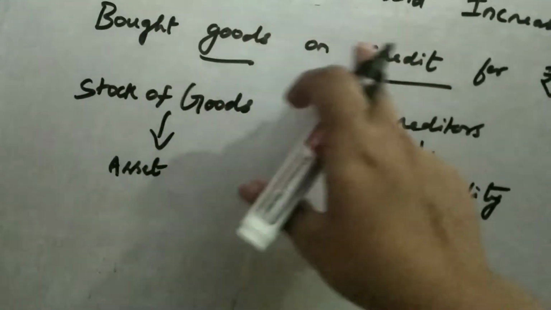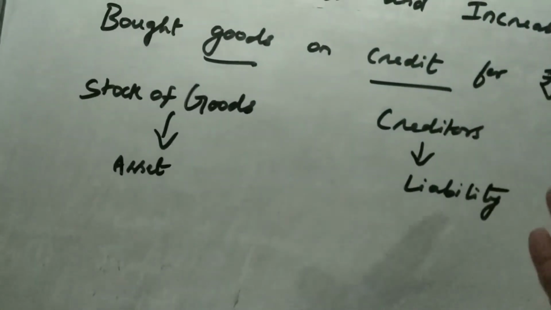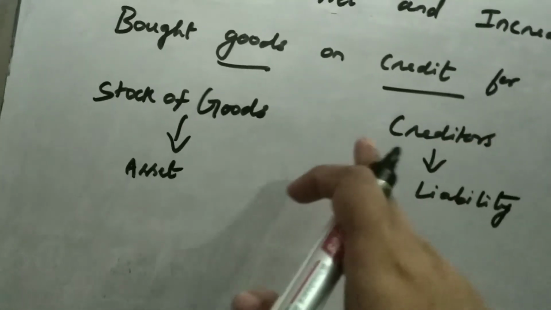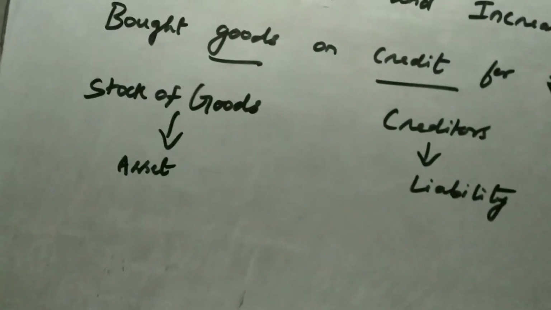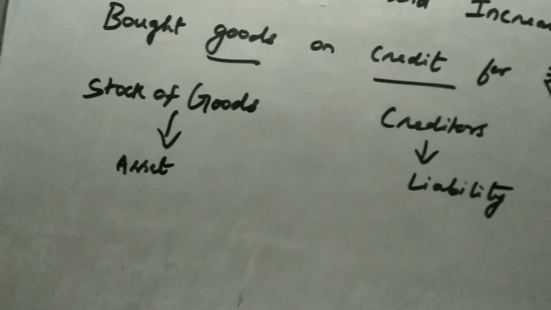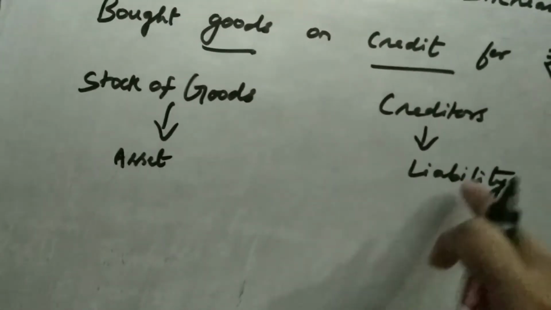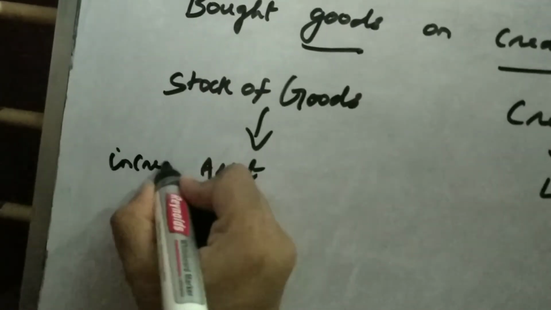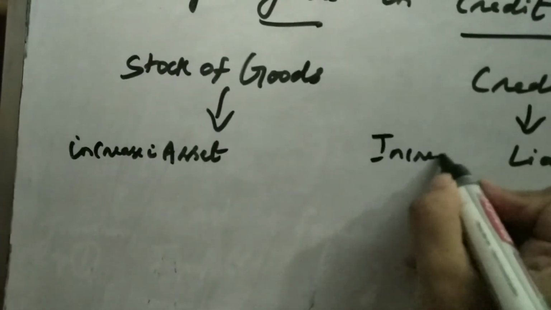Similarly, when we are buying goods on credit, we are not going to make any immediate payment, but we have to make a payment to our creditors at a later date. So till we make the payment, our supplier will be our creditor. So there will be an increase in the liability. So increase in asset and increase in liability.